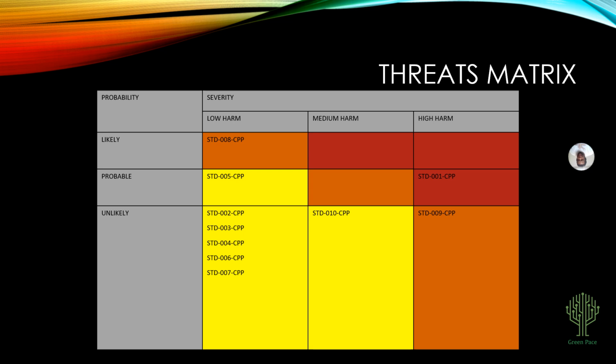This matrix helps us focus our efforts on the most critical vulnerabilities first. Automation tools like CodeSonar, CLang Tidy, and Polyspace Bug Finder will be used to detect and remediate these issues efficiently.